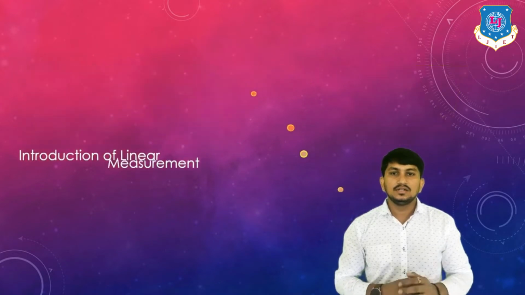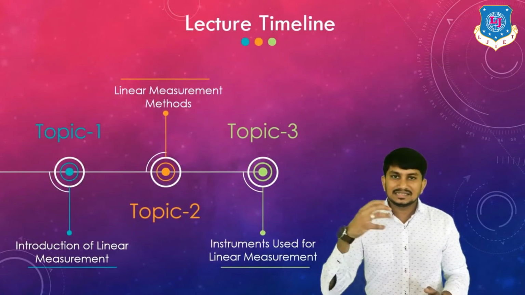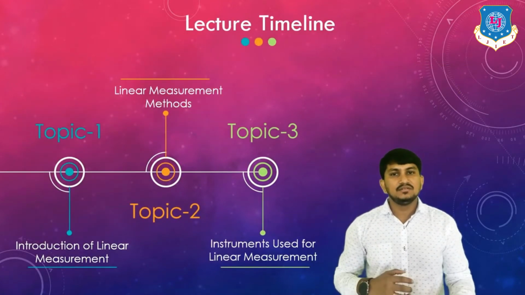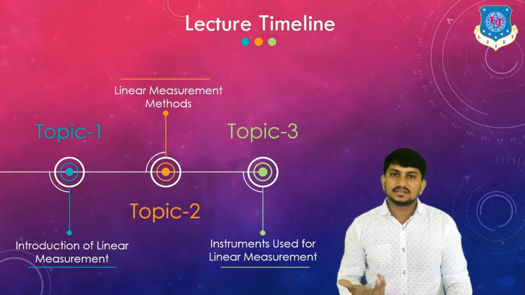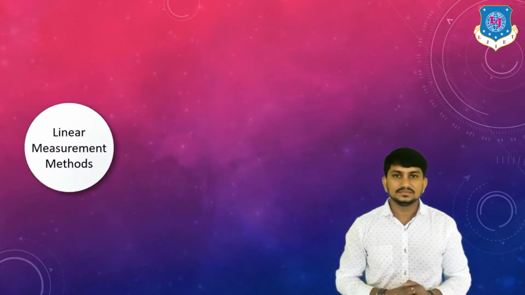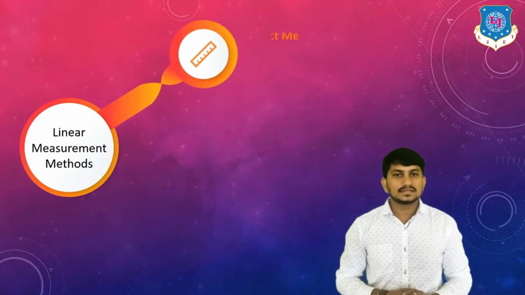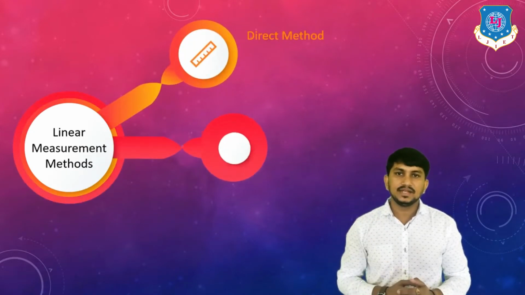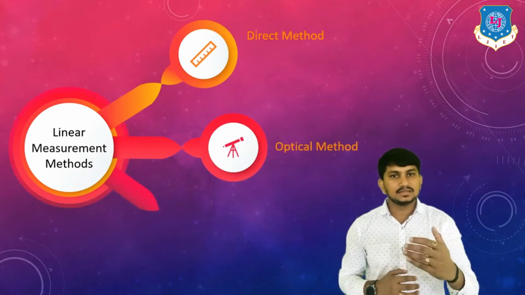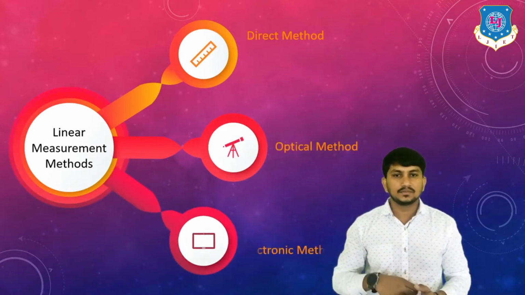Now, let's discuss the second topic of today's lecture, which is linear measurement methods. There are various types of methods. First is direct method, in which we can directly measure the distances on the field.